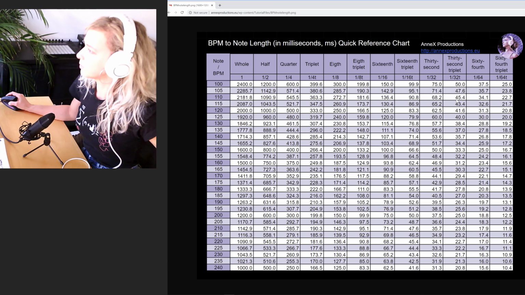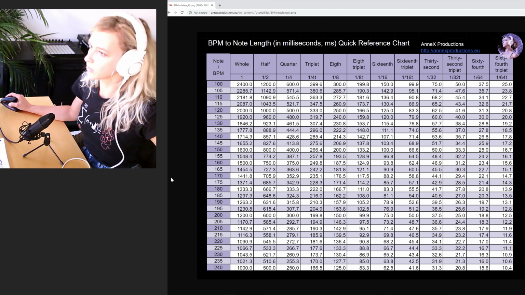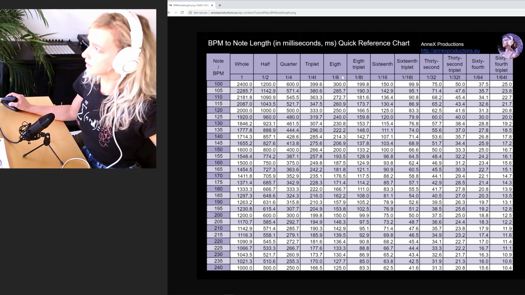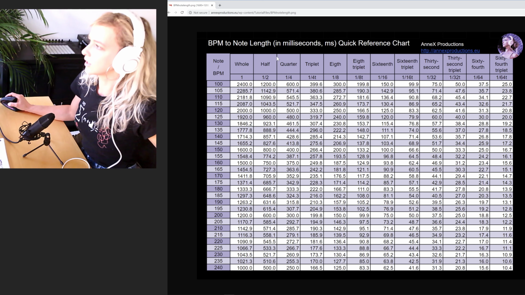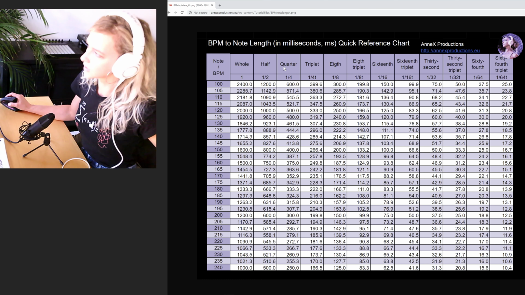The way you make this is simply dividing things by 2 or multiplying things by 2, or 2/3 if it's triplets. So this means that a whole note is 1, half note is half of a whole note, a quarter note is half of a half note, an eighth note is half of a quarter note.